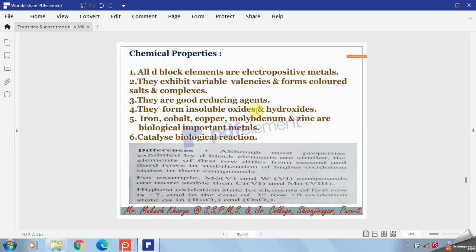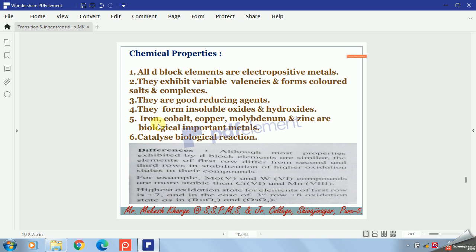For example, if you observe the oxide of copper Cu2O, then oxide of iron Fe2O3, these are insoluble in nature, while the hydroxides Fe(OH)3, Cu(OH)2, they are insoluble in nature.